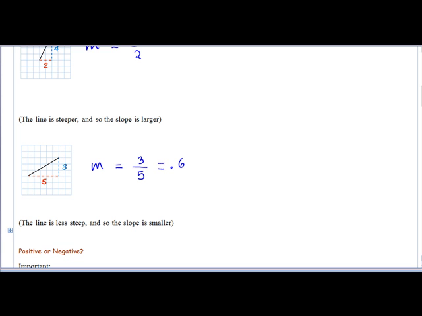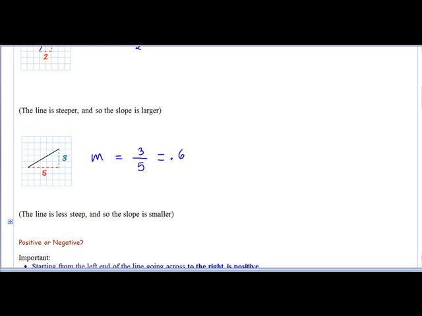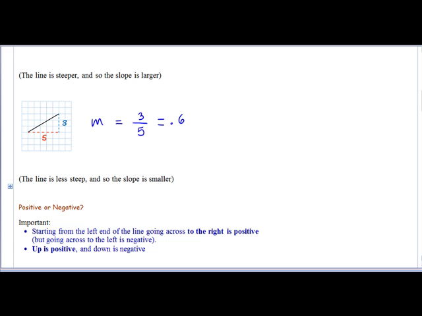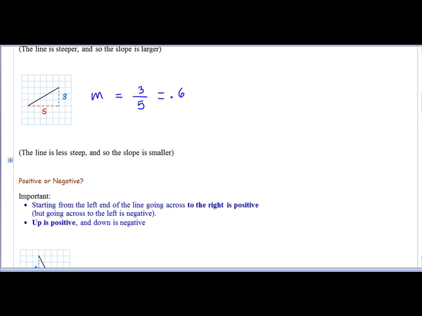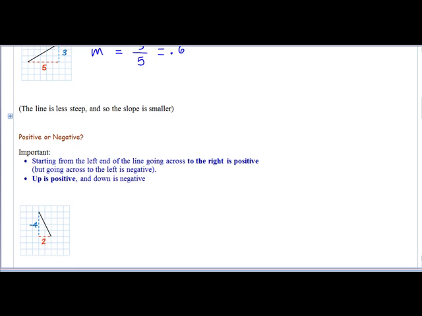Now, what do we mean when we talk about a positive slope or negative slope? A positive slope means it's going up. A negative slope means it's going down, when you read the graph from left to right. So let's look at this graph here to find the slope.